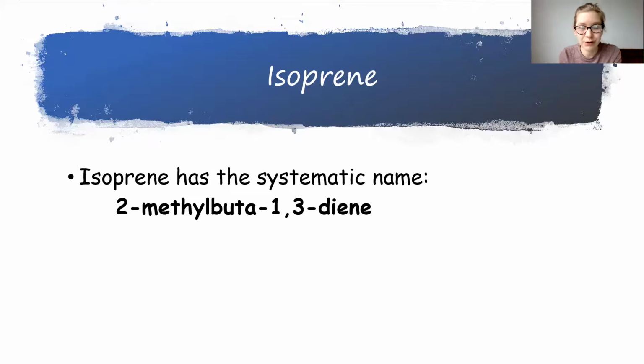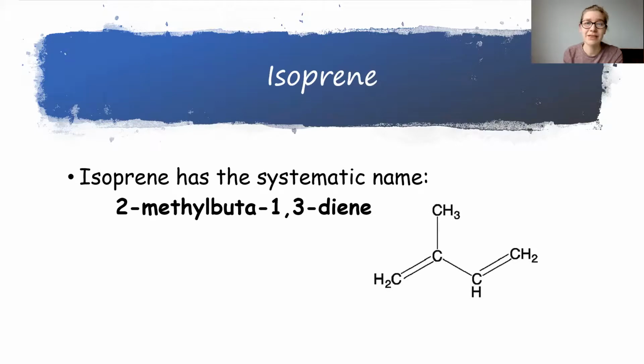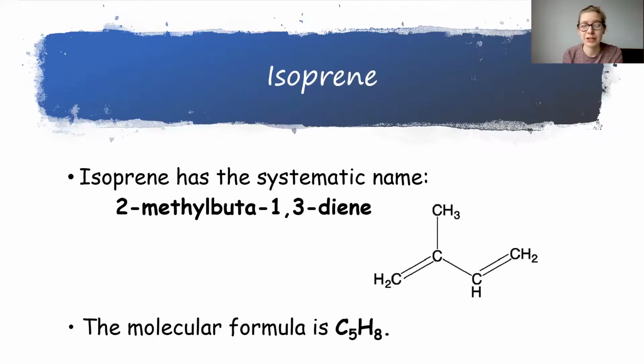So before I show you the formula and the structure, we can see that it's got 2 double bonds at the first carbon and at the third carbon, and on the second carbon there's a methyl group. So in total, we've got 4 in the chain for buta and 1 in the branch for methyl. So 4 plus 1, 5 carbons altogether. That is the structure of an isoprene unit, and the molecular formula is C5H8.